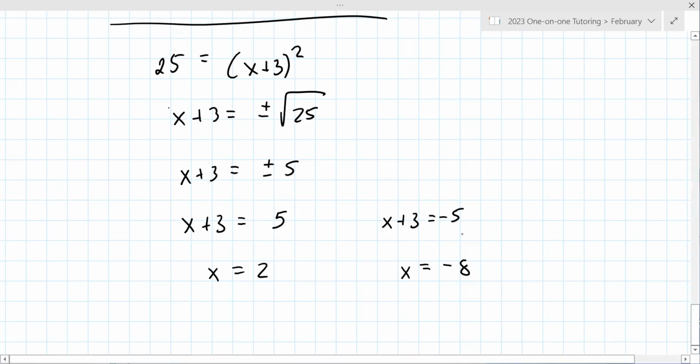And these are your x-intercepts. So there's an x-intercept at (2, 0) and (-8, 0).